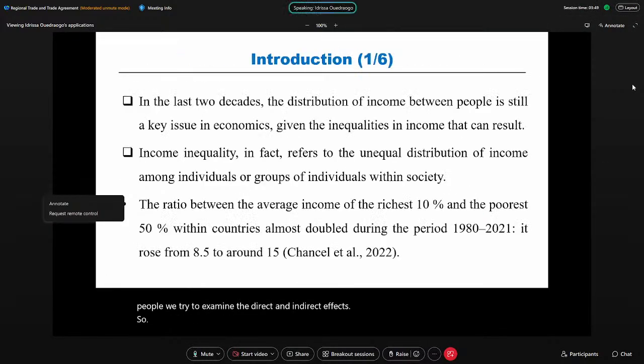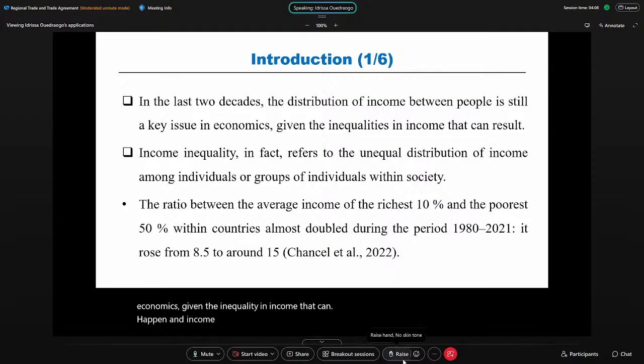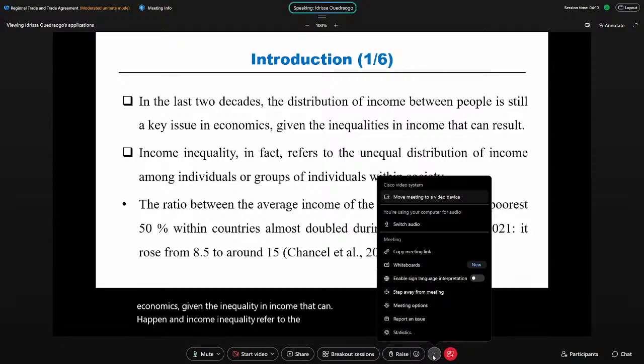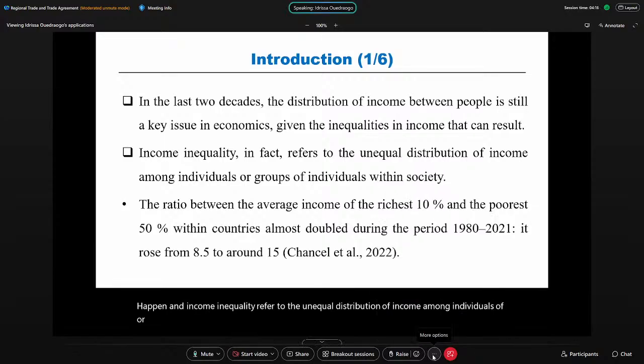In the last 2 decades, the distribution of income between people has remained a key issue in economics, given the inequality in income that can happen. Income inequality refers to the unequal distribution of income among individuals or groups of individuals within society.